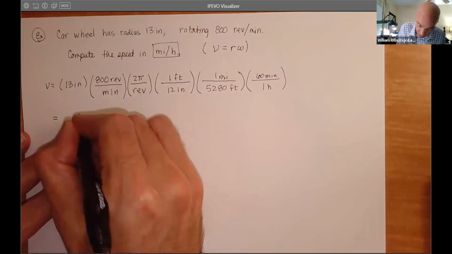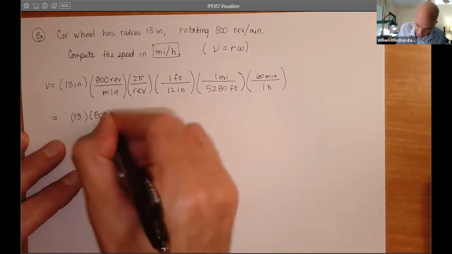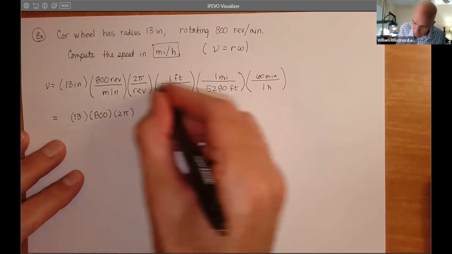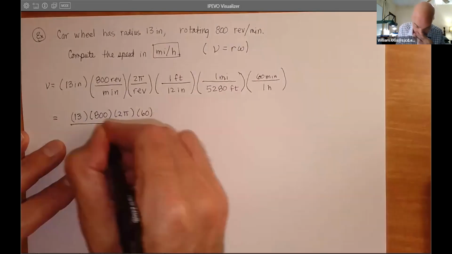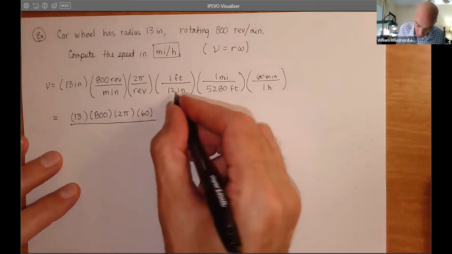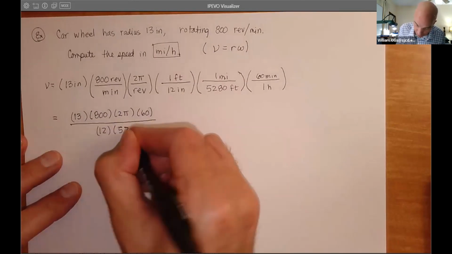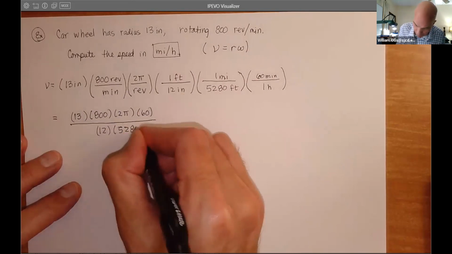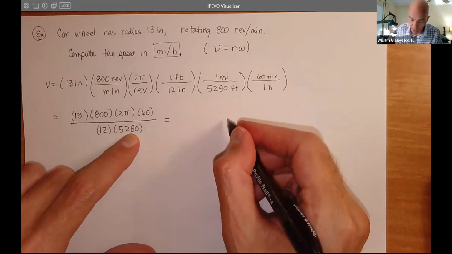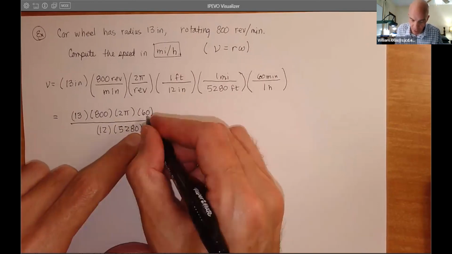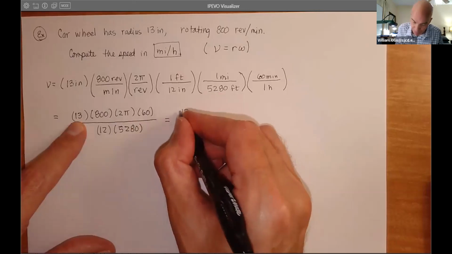So we've got 13, 800, 2 pi, just run on down, 60. And then downstairs we have 12 times 5,280. So now, like we did before, let's just go ahead and get rid of some 10s. So we can get rid of the 10 here. So let me just go ahead and write this first. We've got 13, that's prime.